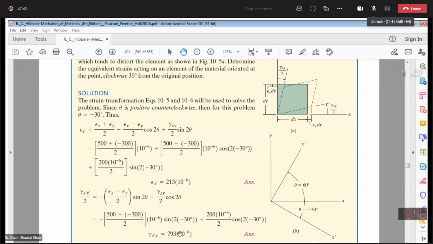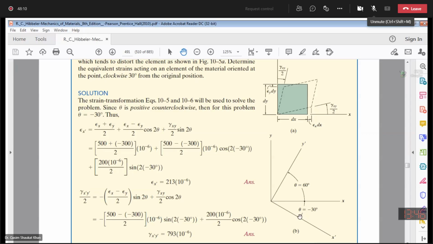If you are done with this, this is the figure they are drawing, showing this is your x-axis and this is your transformed x-axis, which is at an angle theta, 30 degrees clockwise, that is theta minus 30. Now recalculate the normal strain and shear strain values.